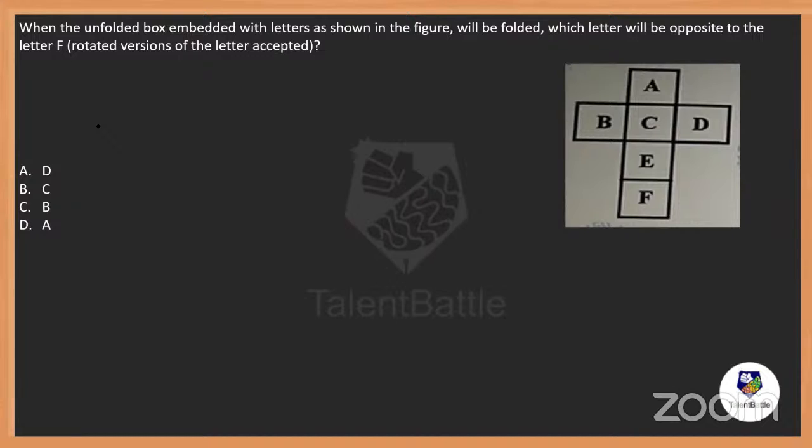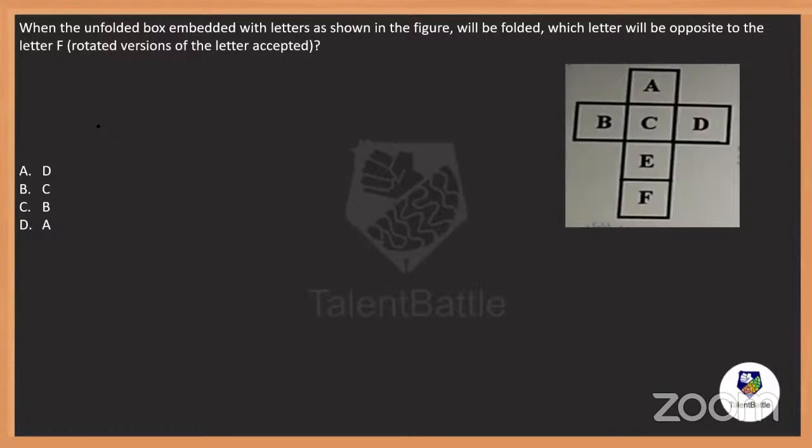This is a cubes based question. That's an easy one. You can drop your answer if you get it.